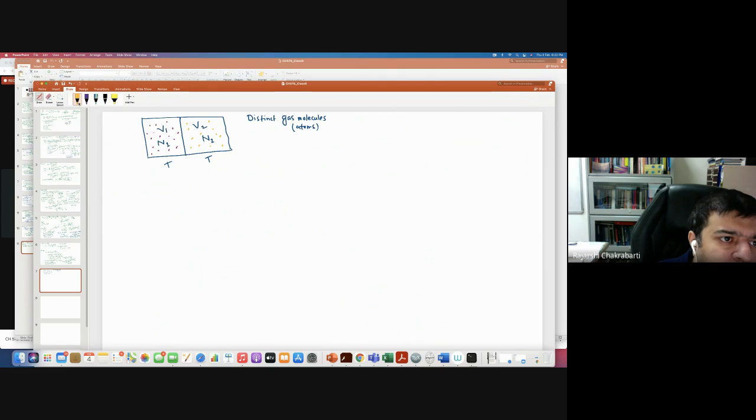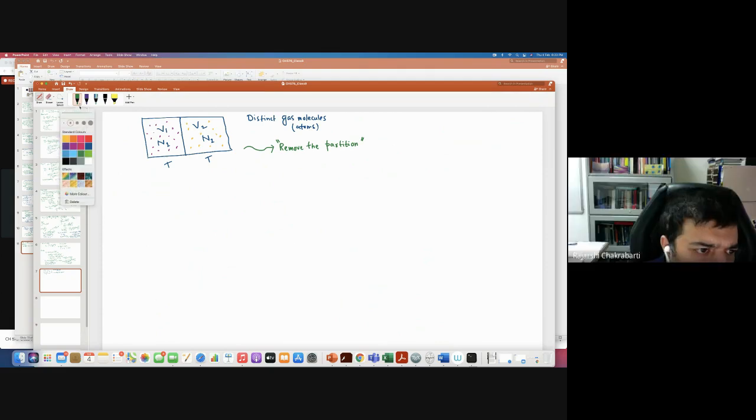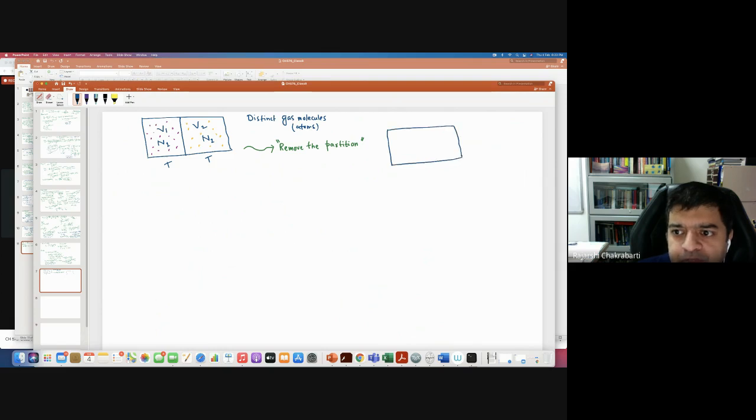And then what I do, I remove the partition. What do you expect to happen? What is going to happen? Mixing of gas molecules. Yes, the gas molecules will mix, and eventually you'll see something like this.